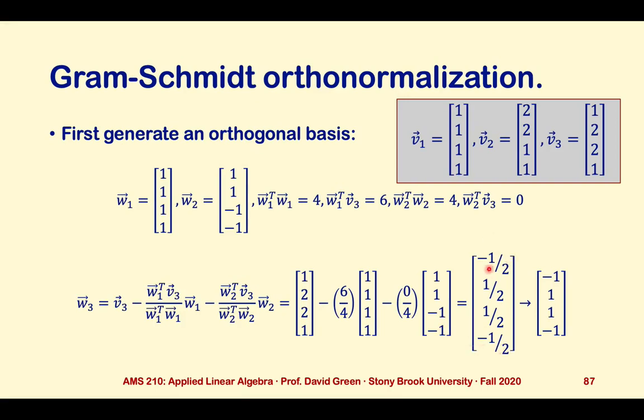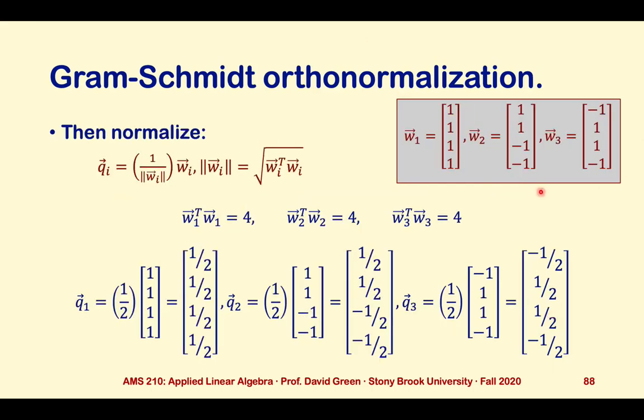Again, we can scale this by multiplying by 2 to give a vector in the same direction, but with all integer values. At this point, we started with 3 linearly independent vectors. We have 3 orthogonal vectors. This set w1, w2, and w3 is an orthogonal basis for the same vector space.